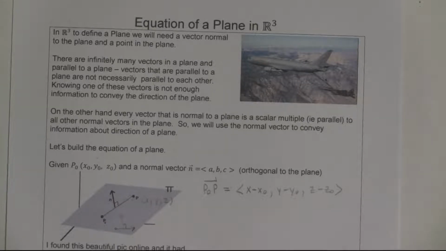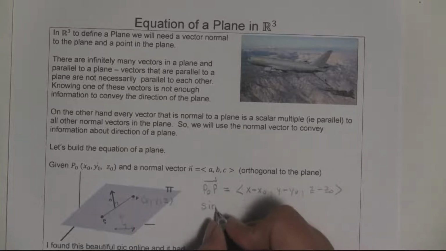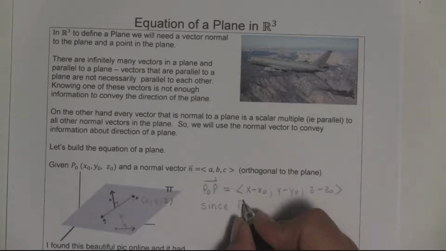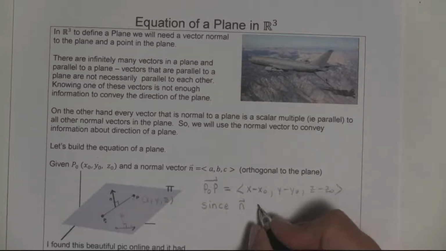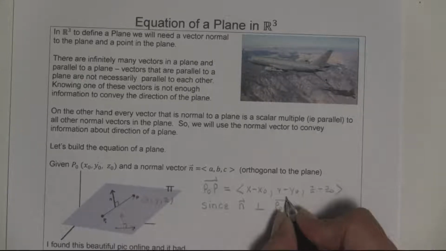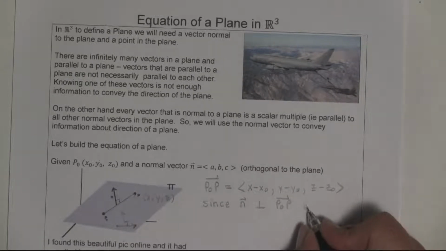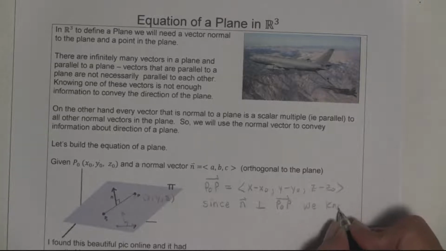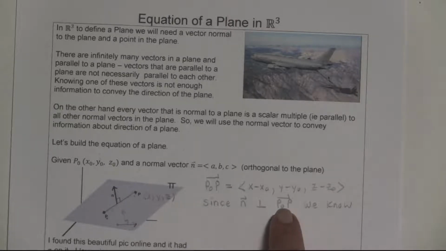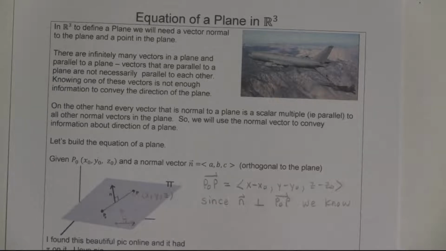And since we've got this vector n, and we know that n is perpendicular to the vector P naught P, what do we know? So this vector is perpendicular to the plane, and we're going to have a vector perpendicular to our vector P naught P. And what do we know about that?